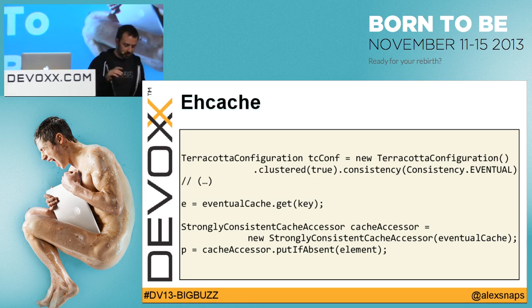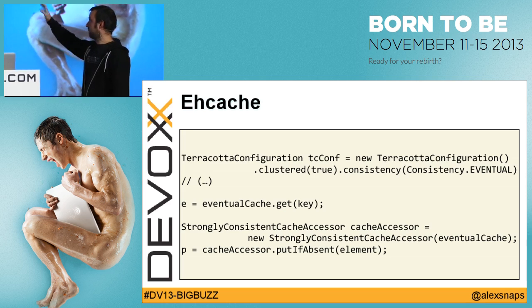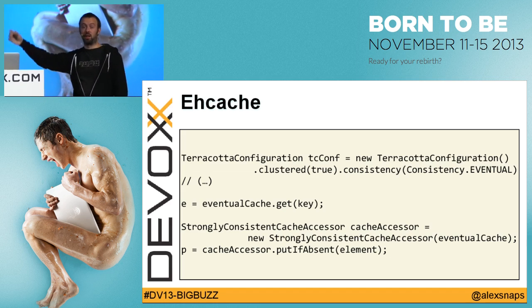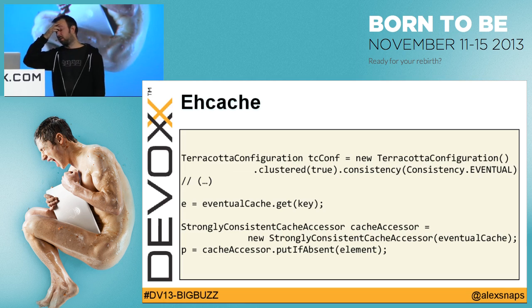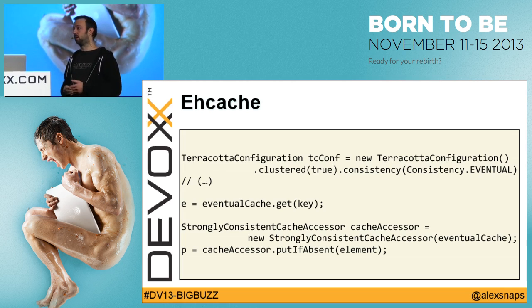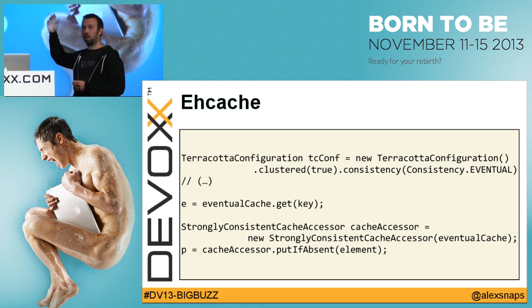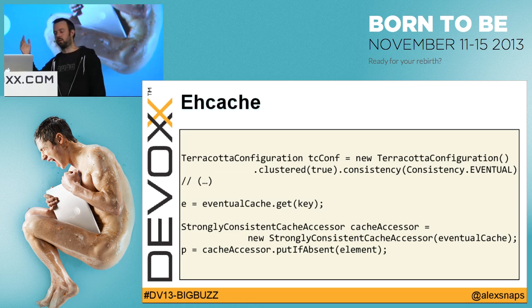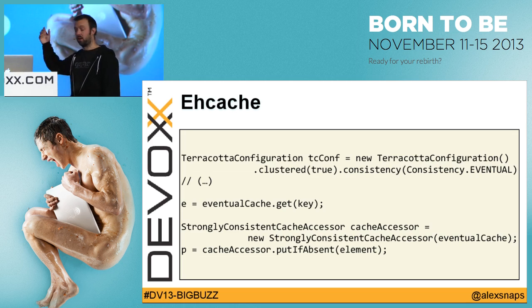One of the questions I've been asked is, why am I not creating this cache to be strongly consistent directly? Well, because of the latency implications, right? I want to reduce the latency as much as I can. This example, which could fit on a slide using 3 lines of code, is still about my hotel booking system, right?